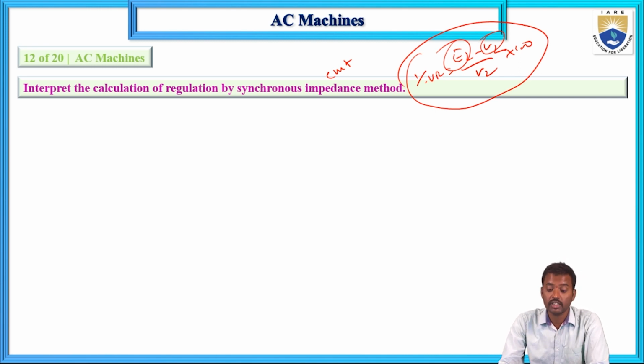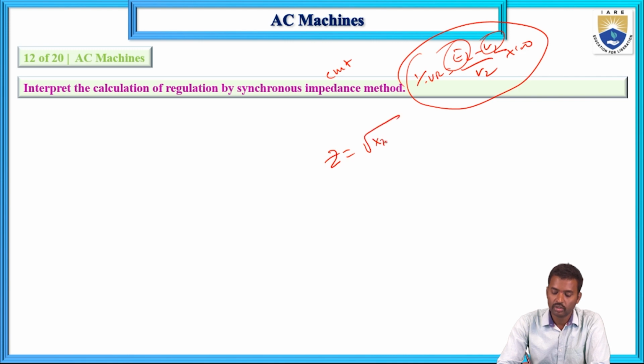So first, the synchronous impedance method. In the synchronous impedance method, Z equals the square root of R2 square plus X2 square, so X2 equals the square root of Z2 square minus R2 square.